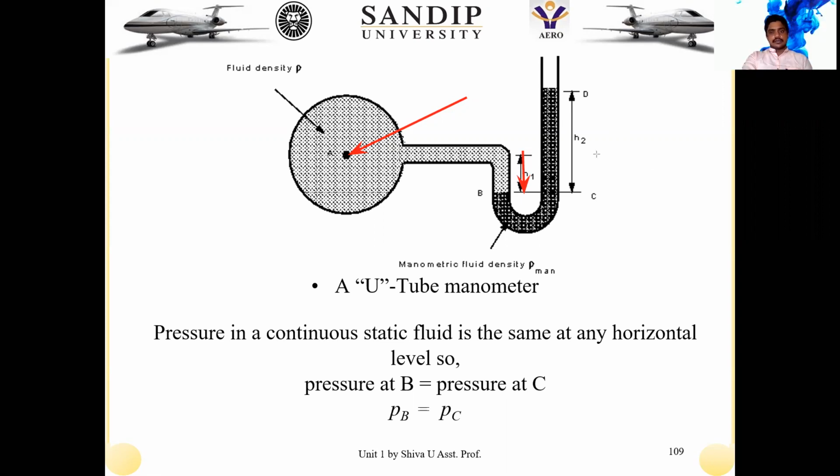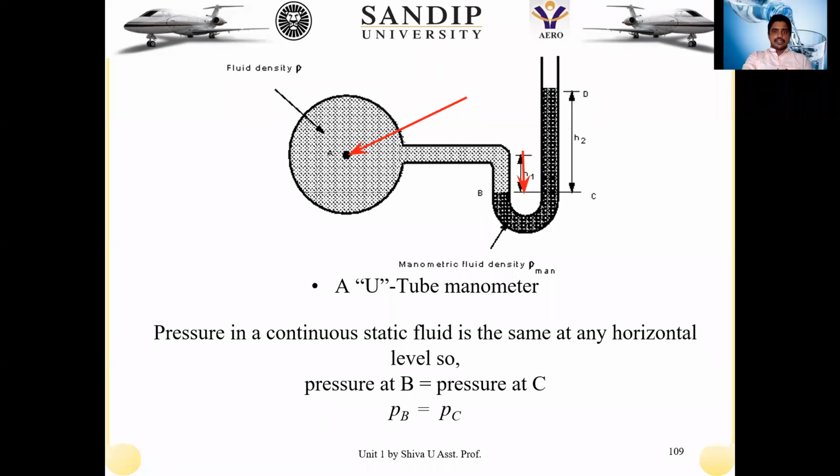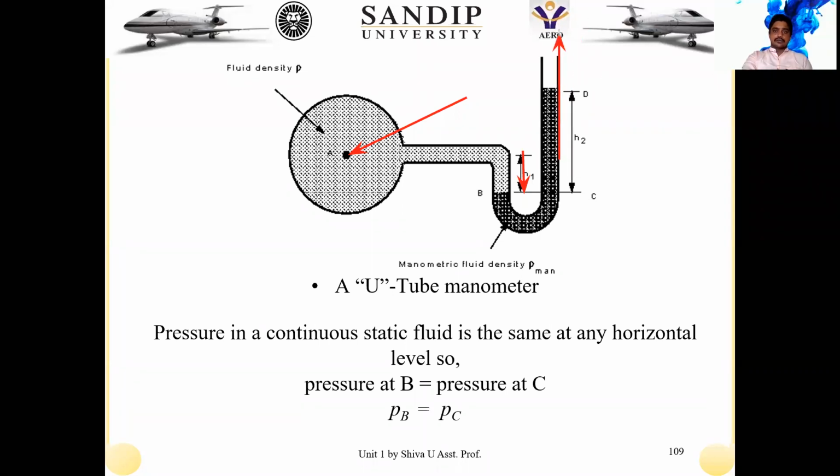Now on the other side, we can see that the vertical column is open to the atmosphere. So when it is open to the atmosphere, atmospheric pressure will be acting on this particular fluid.